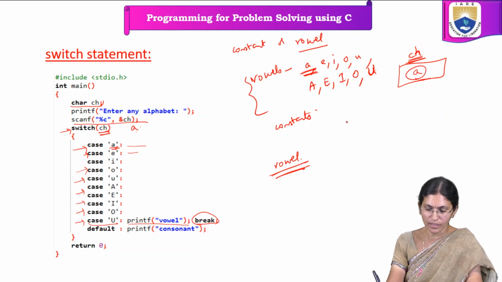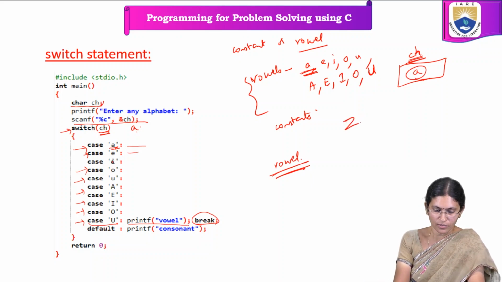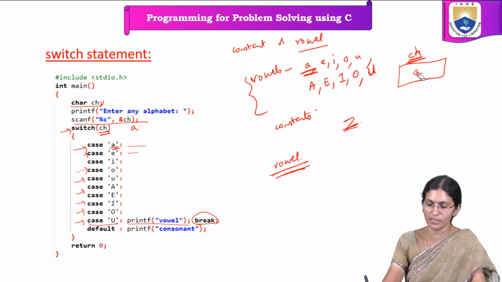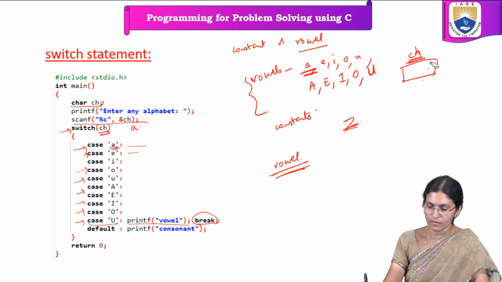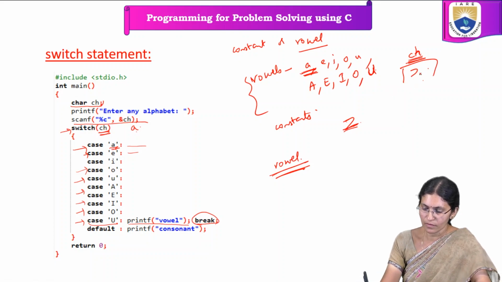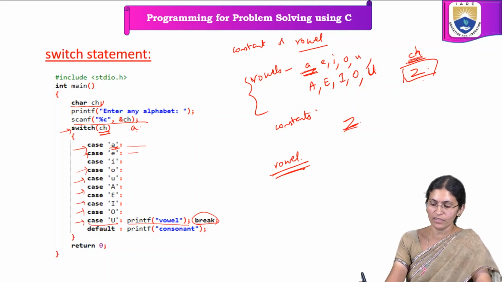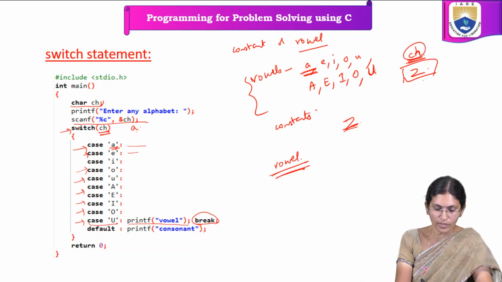Suppose we enter some other character, Z. So it will compare each of them. This Z is nothing but the value which is stored in the variable ch. So in the switch, instead of the expression, we have given that ch value.